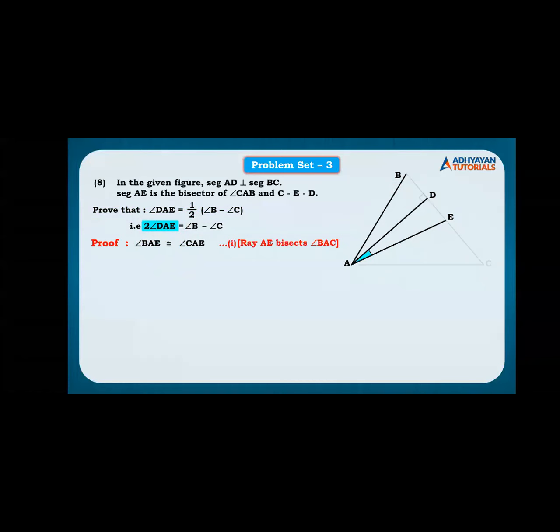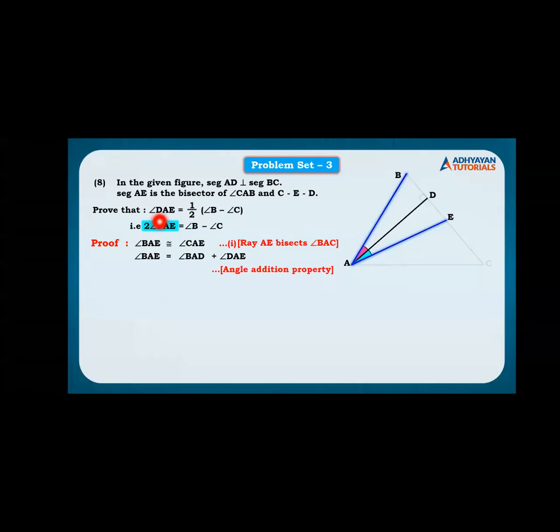As of now, we just focus on BAE. Don't worry, even if you don't understand, don't take tension, but focus on BAE. Children, angle BAE, can we write it as angle BAD plus angle DAE? Isn't it? It is nothing but the angle addition property.